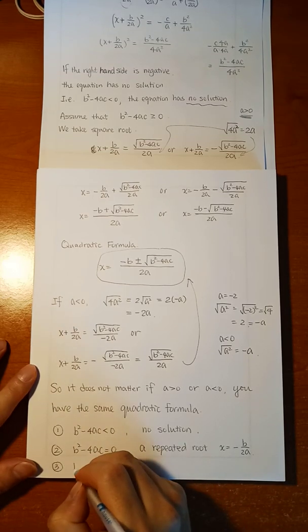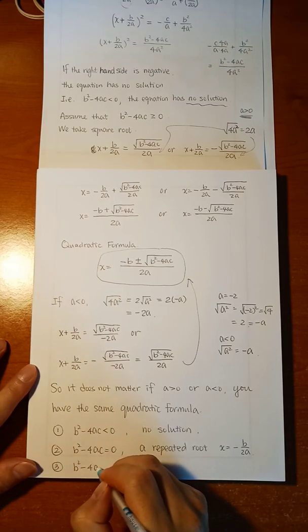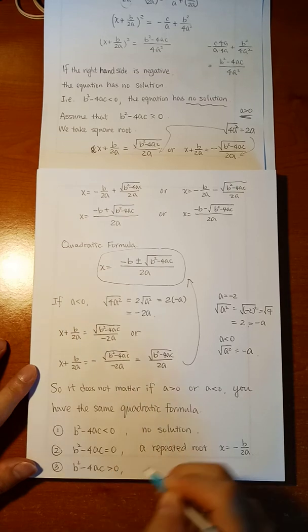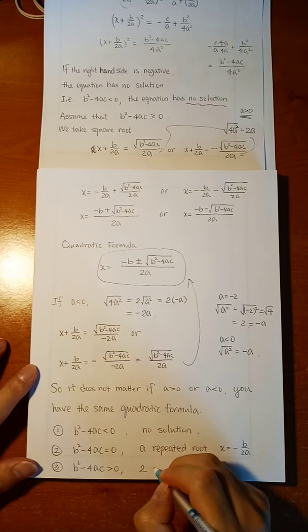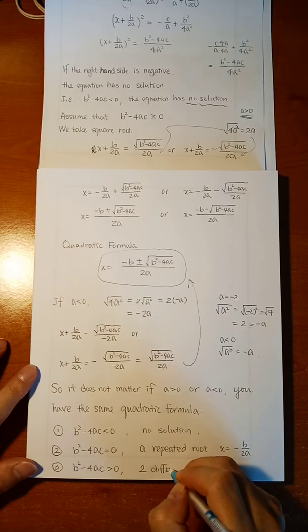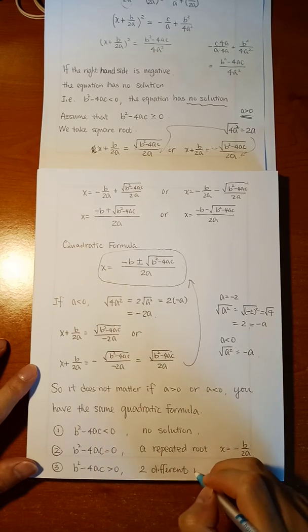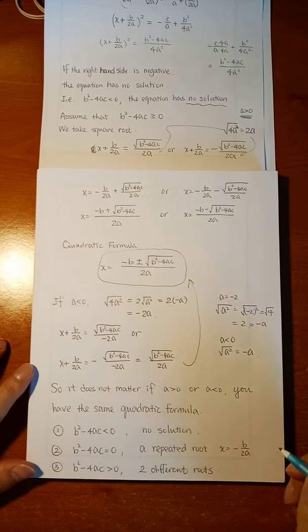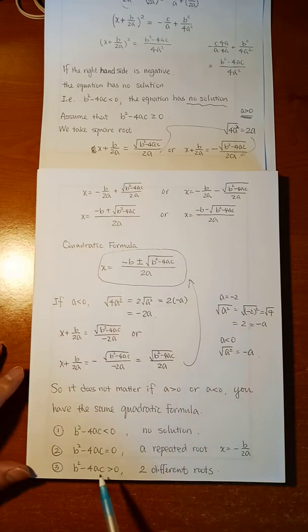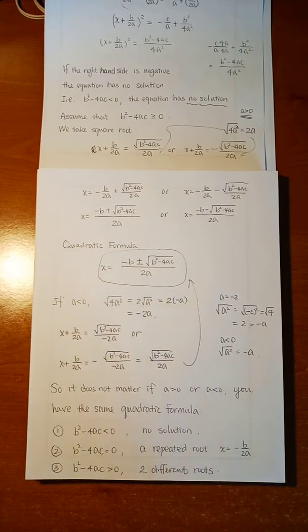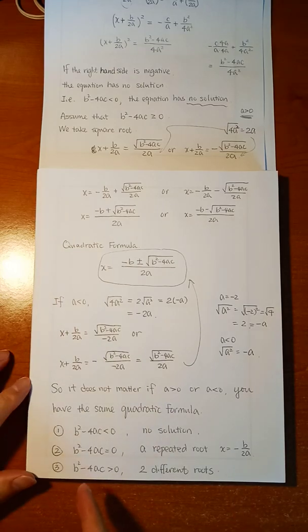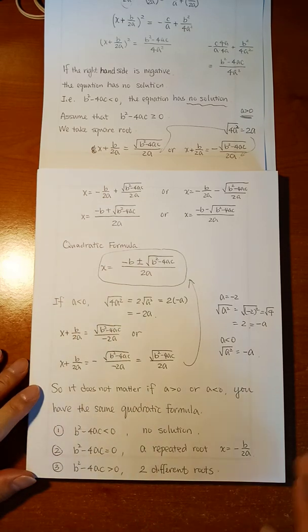3. If b squared minus 4ac is greater than 0, two different roots. So when you really have b squared minus 4ac strictly positive, you have two different roots. And this quantity is extremely important in quadratic equations.